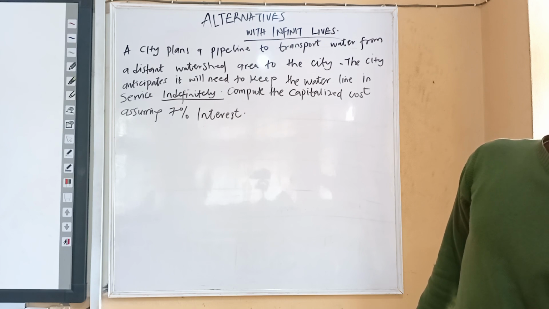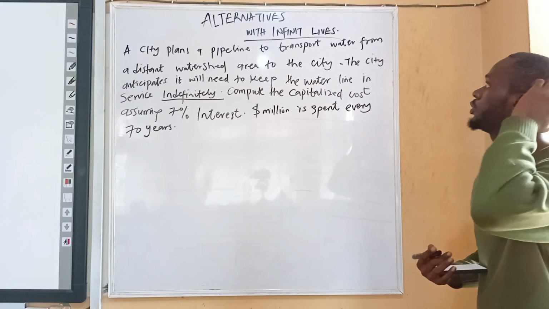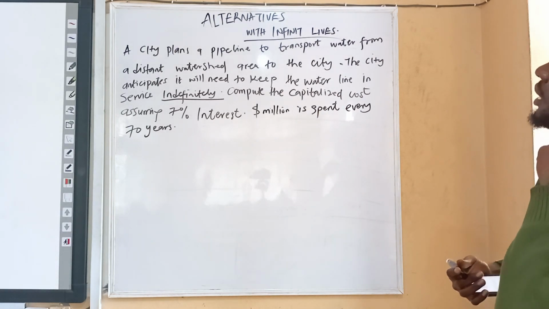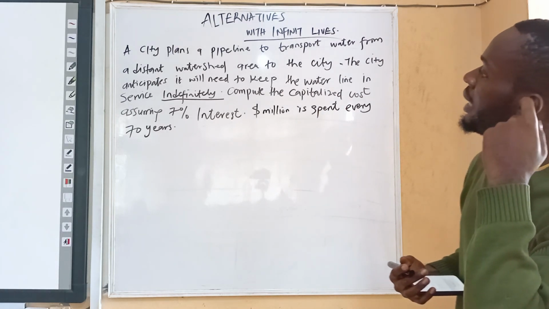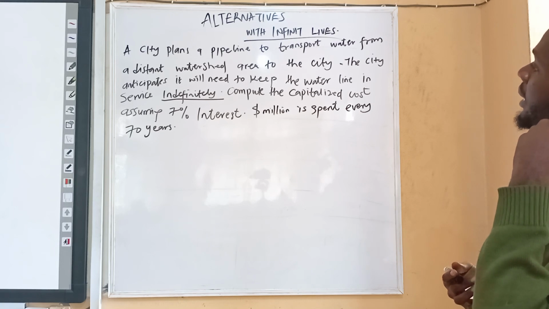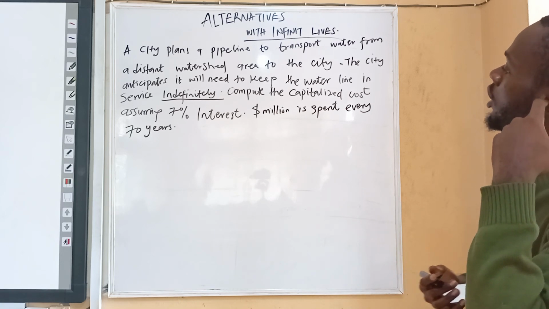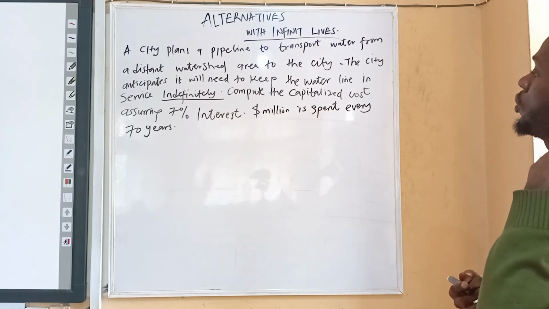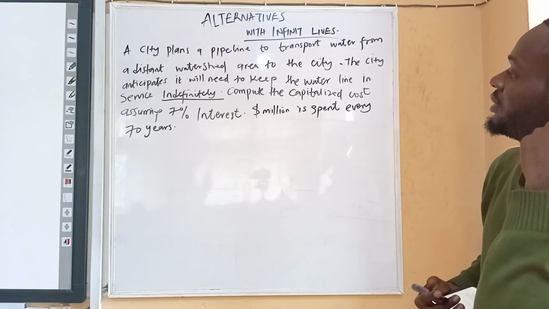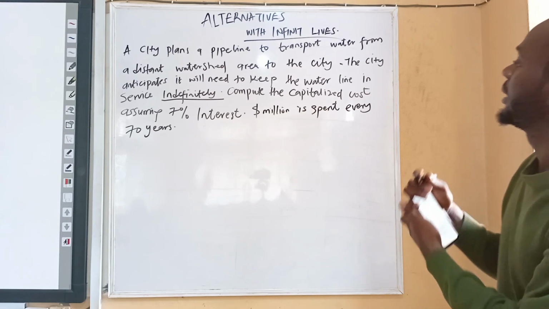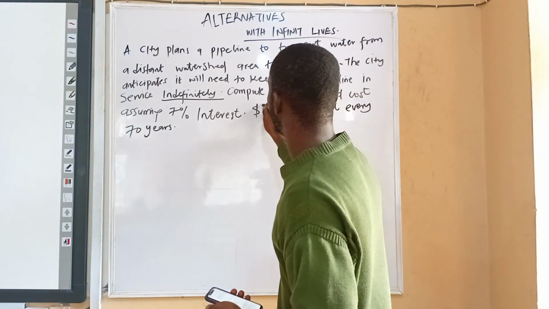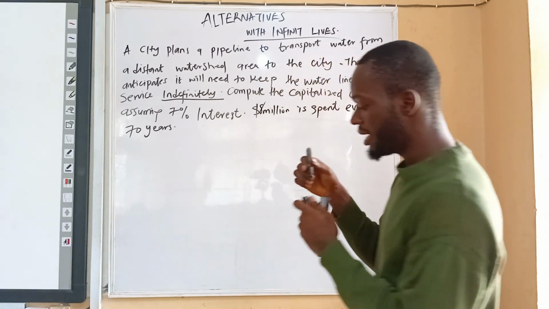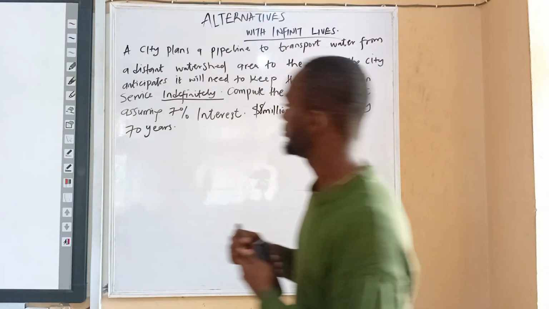The question is not even complete. Compute the capitalized cost, assuming an interest rate of 7% and 8 million is spent every 70 years.